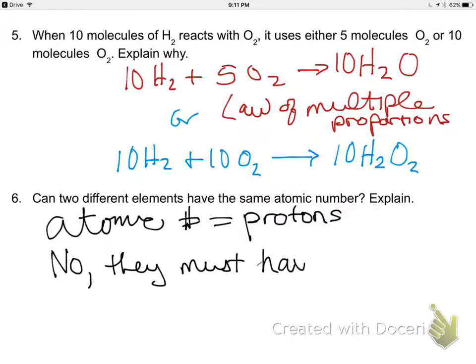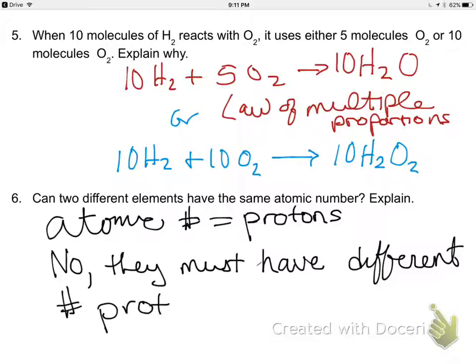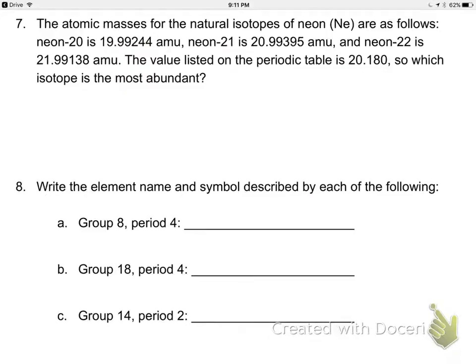Even if they have a different number of electrons or neutrons, it's still the same element because it still has the same properties. The protons are what give something its physical and chemical properties. And so this is one of Dalton's principles. Dalton said that you can't turn oxygen into nitrogen in our diagram. And once we discovered what protons were, we learned that that principle is true because you can't change the number of protons something has.